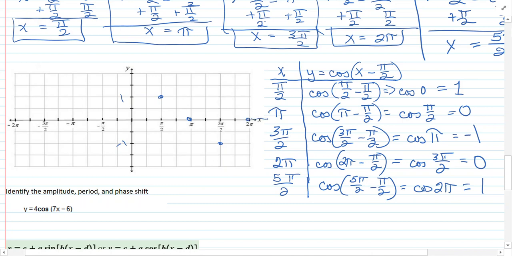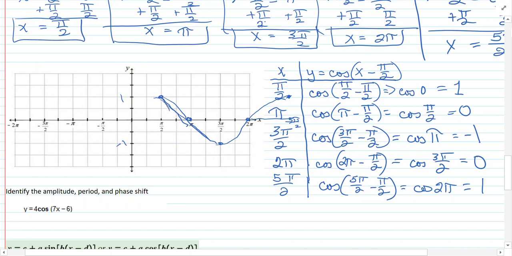And then I don't have my scale correct, but then I have the 1 over here at 5 pi halves. So I have this, and I have my bowl. There you go.